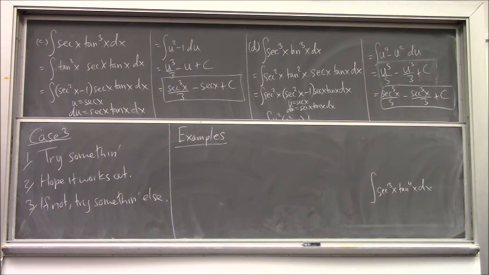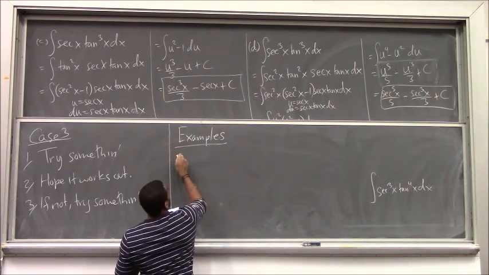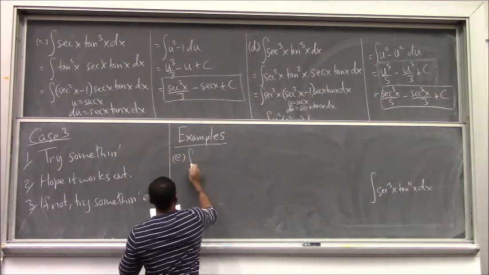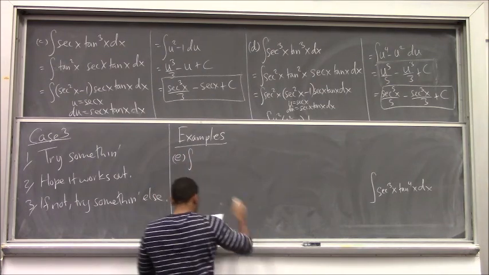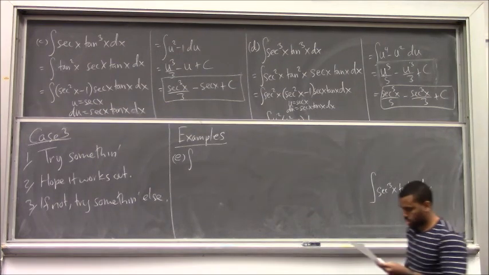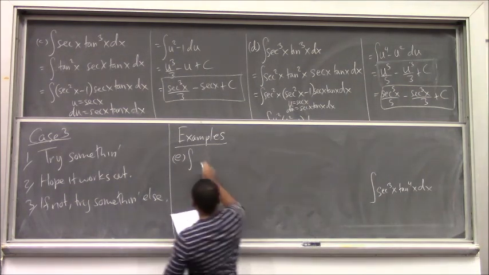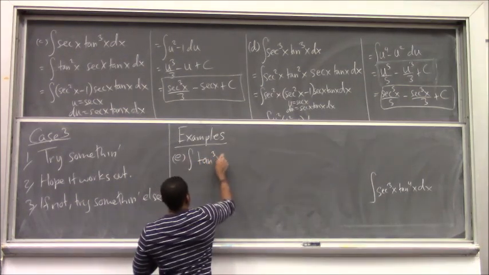I had some planned examples. Start with the secant. A, C, D, I think we're at E. Tangent cube.